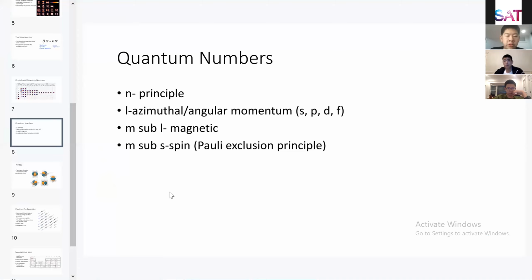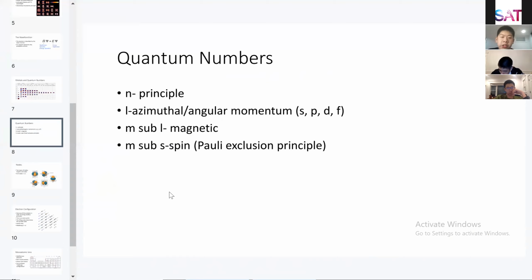Let's talk about their values too. I forgot to talk about that. So n is any integer from 1 to infinity. And then for a given value of n, L can be an integer from 0 to n minus 1.